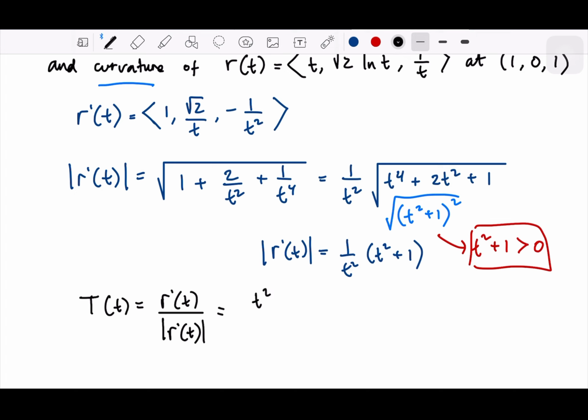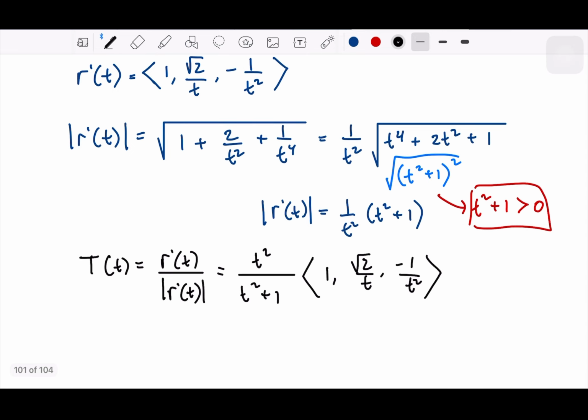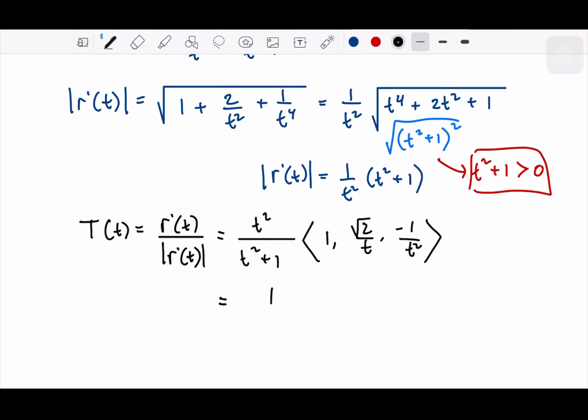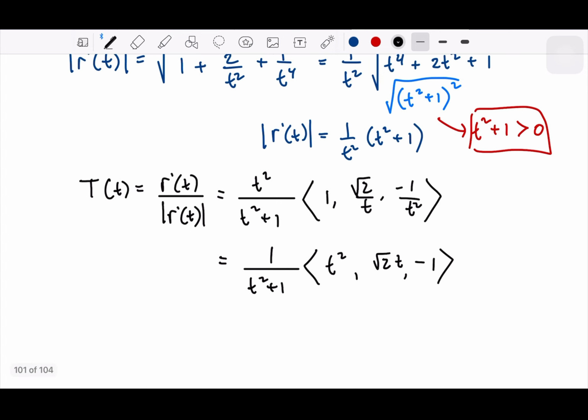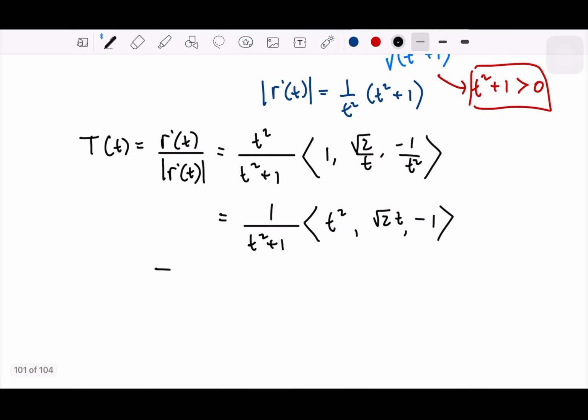So we can write T squared over T squared plus 1, and the factors will be. If we want to find the normal, we can differentiate the unit tangent first.